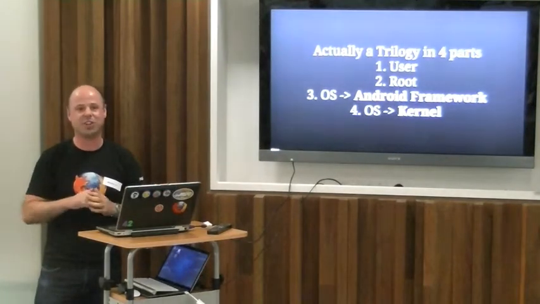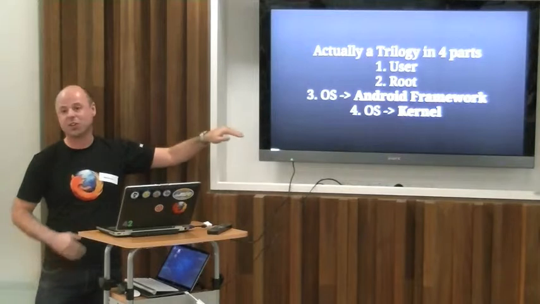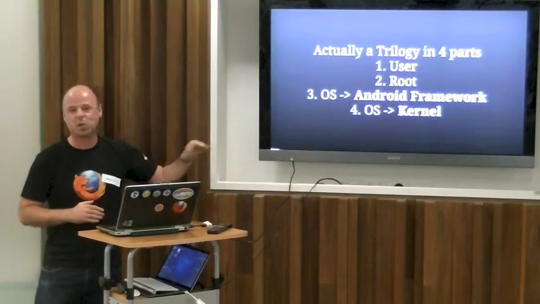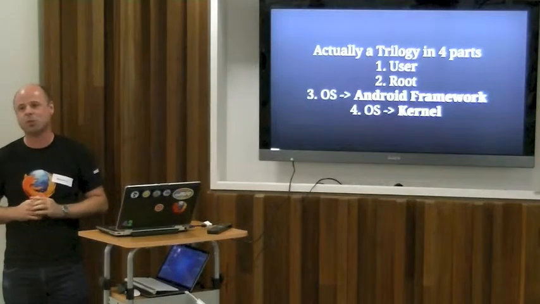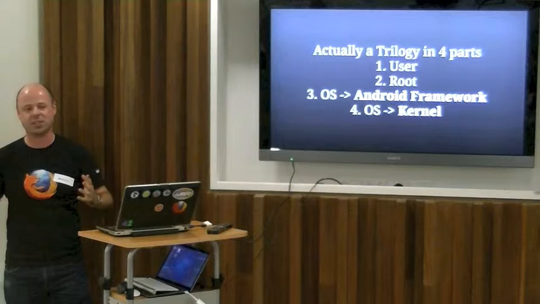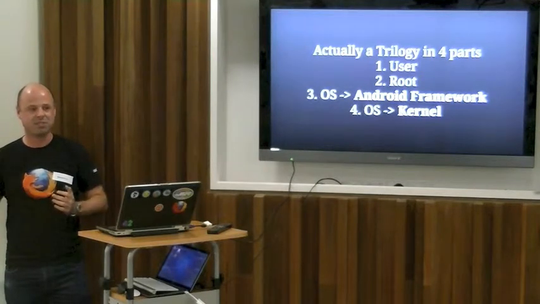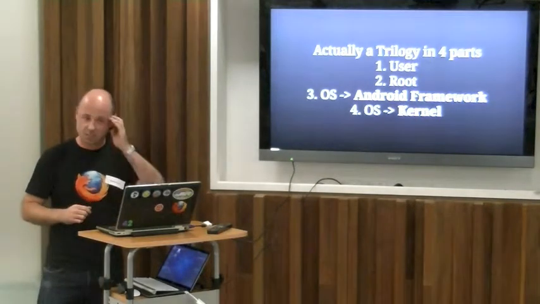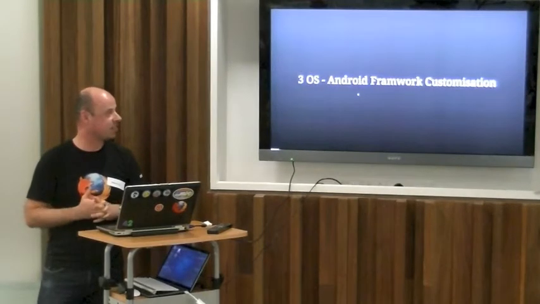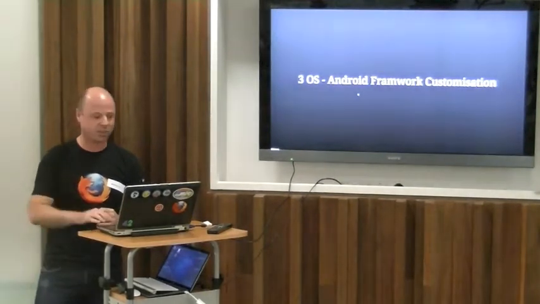And for those of you who know, the kernel is just a Linux kernel, mostly standard. But the Android framework is very different from normal Linux distributions that you may have used in the past. It's pretty much done from scratch. So it's best to treat it separately rather than talking about it and the kernel together.